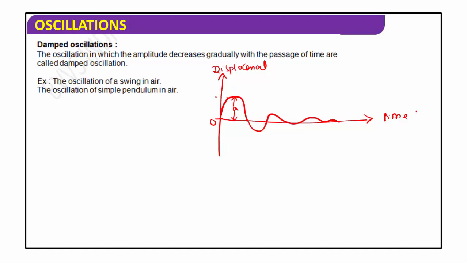The best examples of damped oscillations are the oscillations of a swing in air, or the oscillations of a simple pendulum in air. When you perform the simple pendulum experiment in your laboratory, the amplitude of the simple pendulum gradually decreases with respect to time.